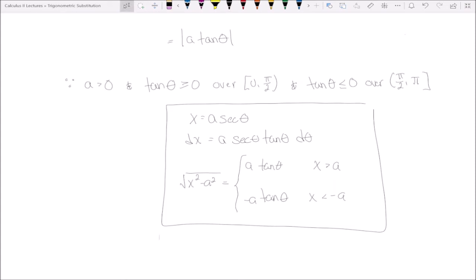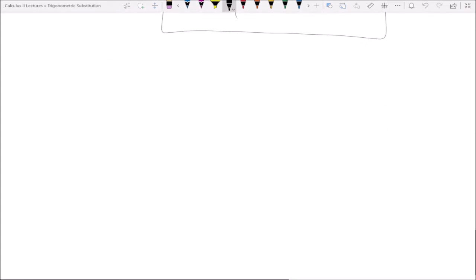Let's now look at several examples, starting with the antiderivative of the square root of 9 minus x squared. Now we look at this, and we go, okay, well, this fits the first form, so let's try the substitution x equals 3 sine of theta, which would make dx 3 cosine of theta d theta, and the square root of 9 minus x squared becomes 3 cosine theta.